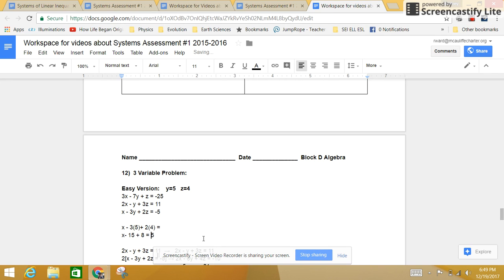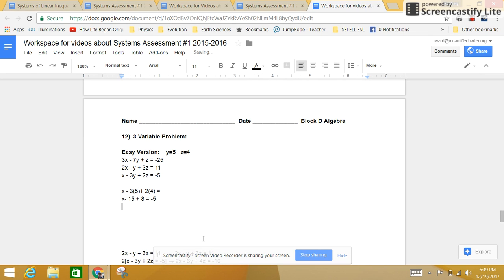Now add 15 and subtract 8 from both sides. I get x equals negative 5 plus 15 minus 8. Negative 5 plus 15 is 10. So that's 10 minus 8 equals 2. So x equals 2.